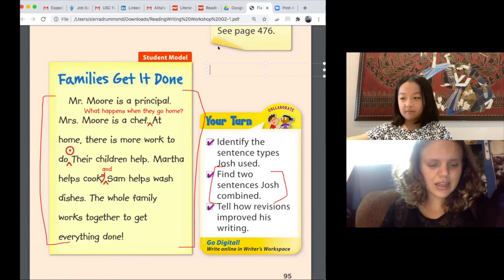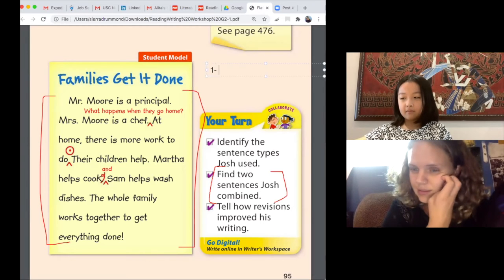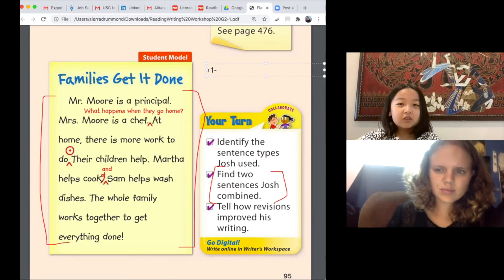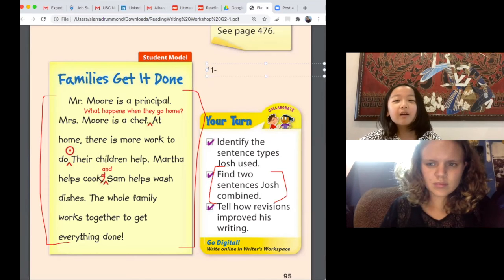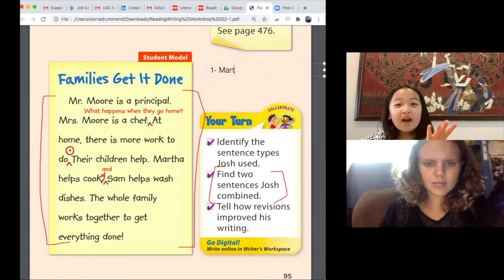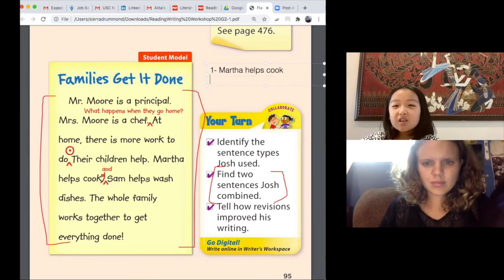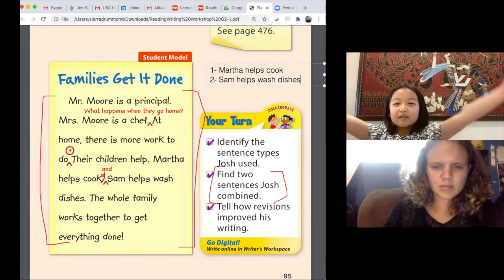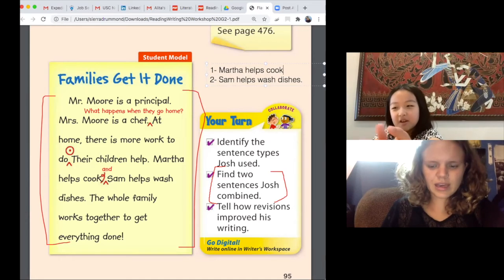Good. So what is the first sentence he combined? He combined Maria helps cook and Sam washes dishes. It's actually two, but they plus the one.